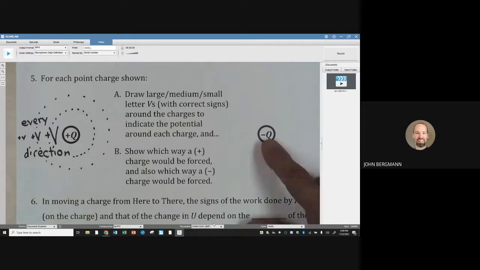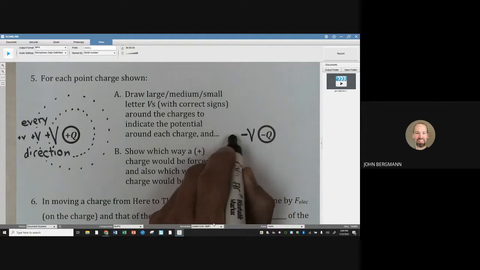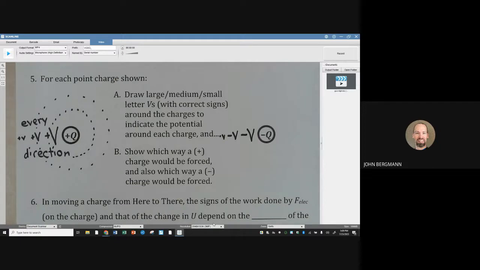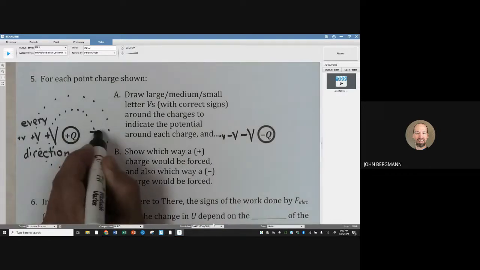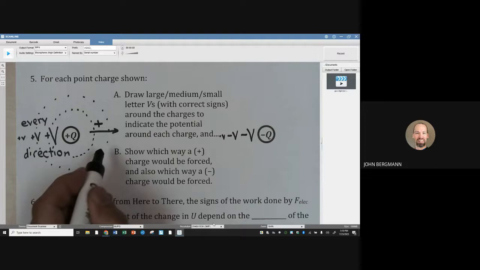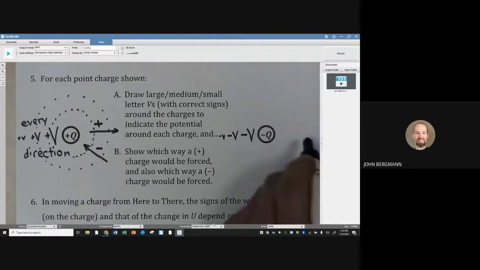We get the same sort of thing happening here with this negative charge. We have a large negative potential close, and as we get further away, the potential is still negative, but it gets smaller and smaller. And now we want to show which way a positive charge would be forced and which way a negative charge would be forced. Well, a positive charge would be forced in this direction, and a negative charge, as you know, would be attracted to that positive Q. And over here, a positive charge would be attracted to that negative Q, and a negative charge would run away from it.